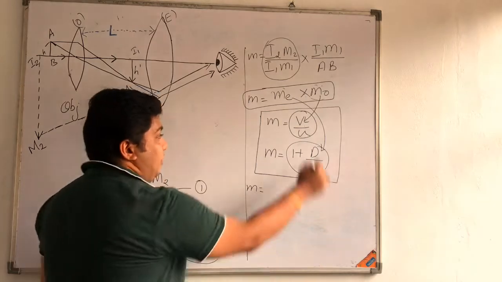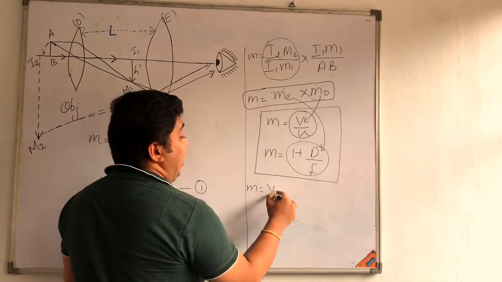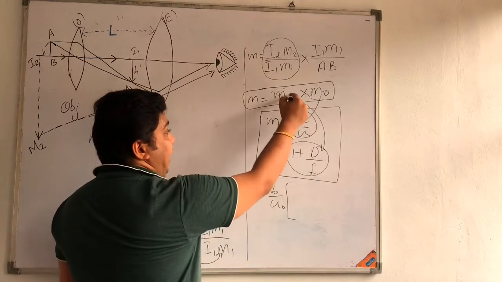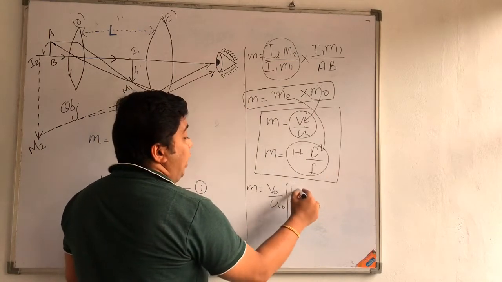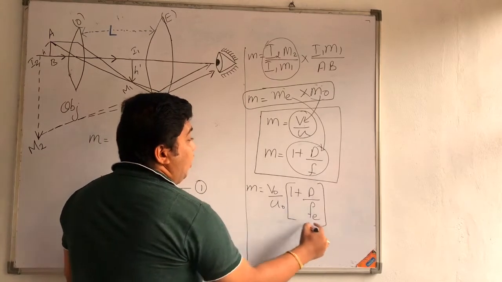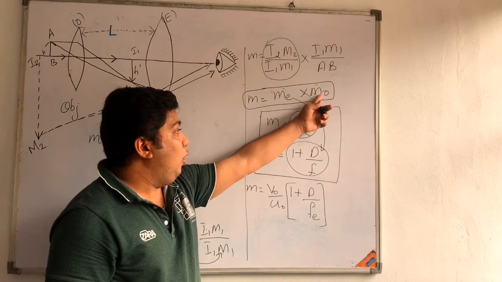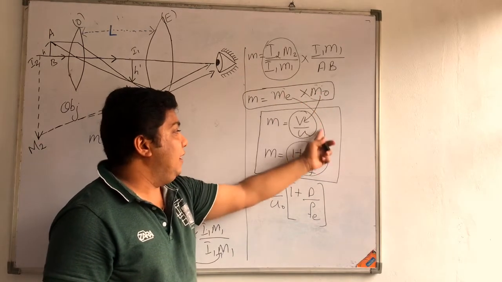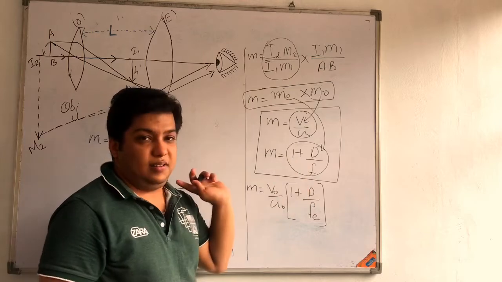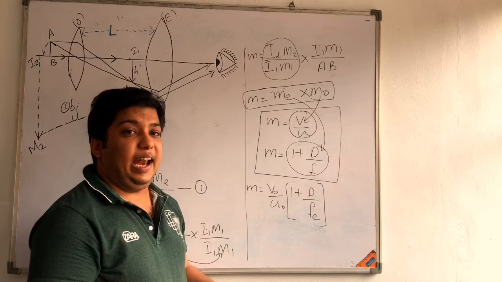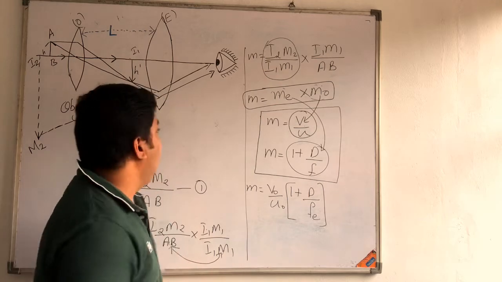MO is written using the first expression, VO by U, into ME, and ME is 1 plus D by FE, using the second expression. From here we take an assumption, an ideal situation.